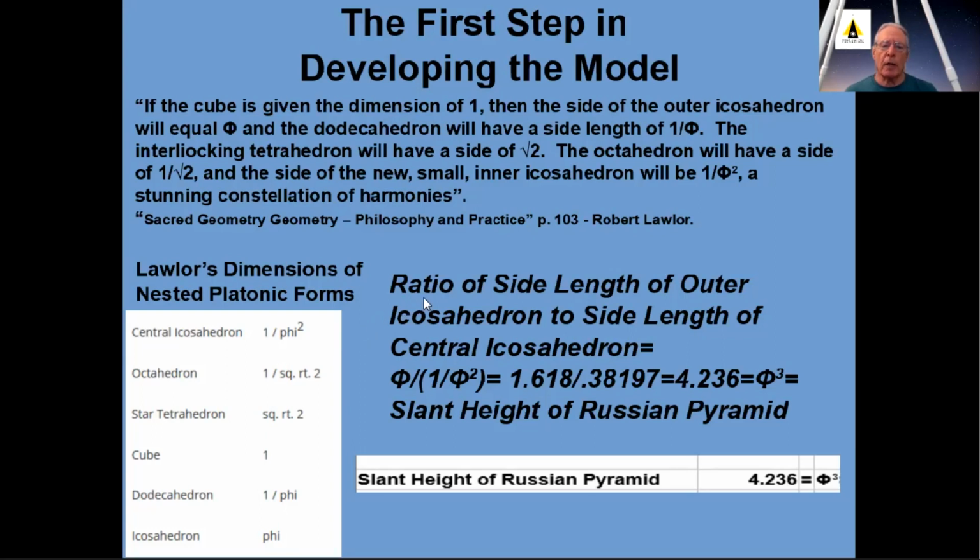So the ratio of the side length of the outer icosahedron to the side length of the central icosahedron is phi divided by 1 over phi squared, which is 1.618 divided by 0.38197, and that equals 5.236, which equals phi cubed. And now you see the relationship, because that's the slant height of the Russian pyramid. So that's essentially where we left off last week.